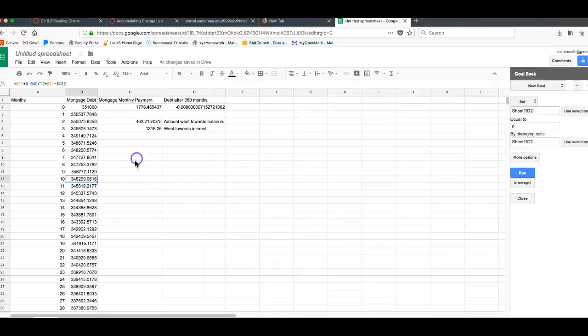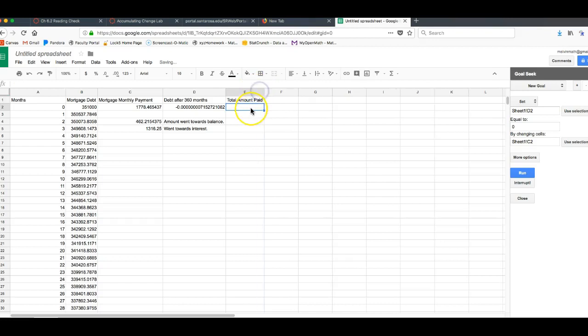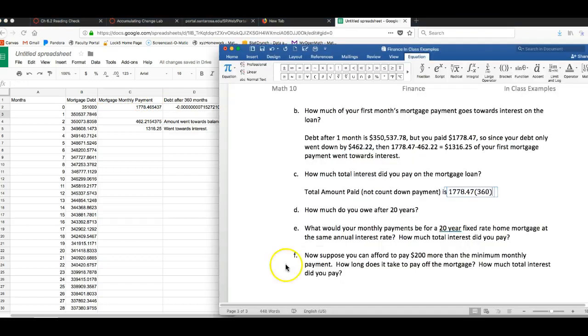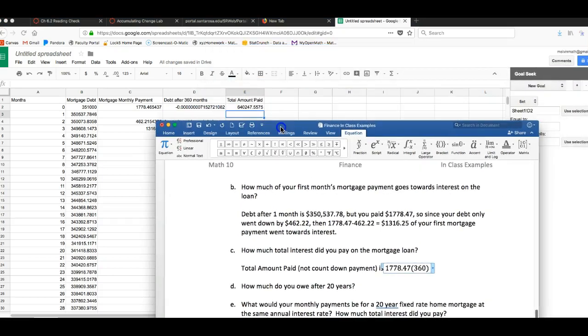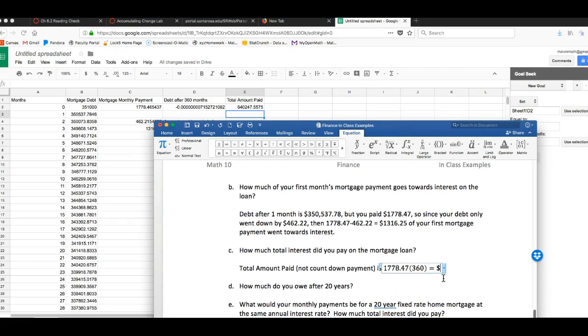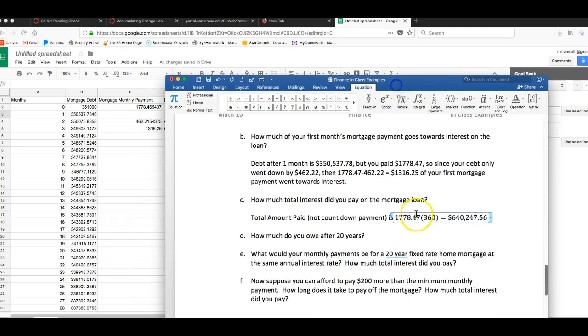So I'm looking at the column, total amount paid. Again, we're not counting the down payment, but it's going to be your monthly mortgage payment times 360. So we have this to be about, you paid about $640,247, and we'll round that to 56 cents. Again, that's your total amount paid.